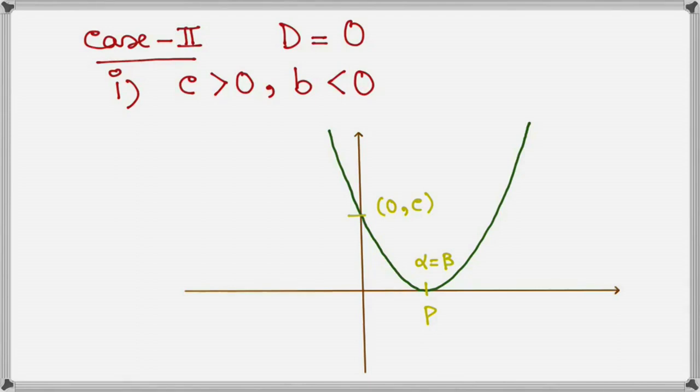The coordinates of the vertex P are alpha, 0, which is same as beta, 0. So in this subcase, alpha and beta both are real and they are the same. In fact, we can more clearly write P is having coordinates minus b by 2a, 0, and here alpha is equal to beta is equal to minus b by 2a.